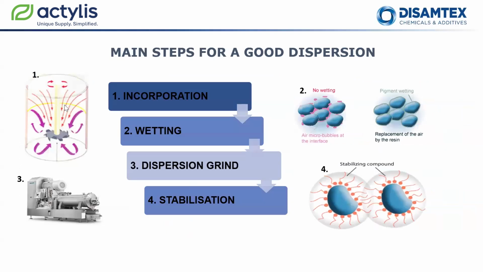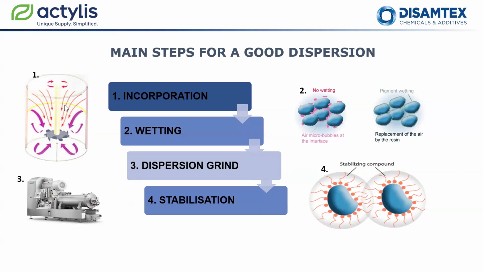This slide summarizes the 4 essential steps for proper pigment dispersion. First, incorporation ensures the pigment is uniformly introduced into the liquid. Then, wetting replaces air at the pigment surface with resin, preventing microbubbles and poor color development.